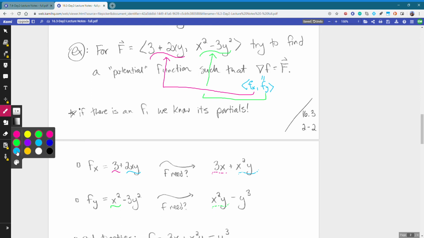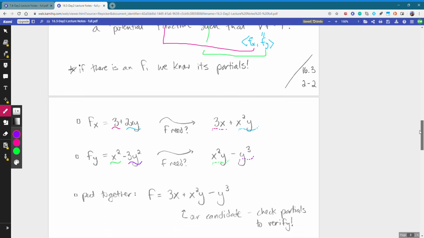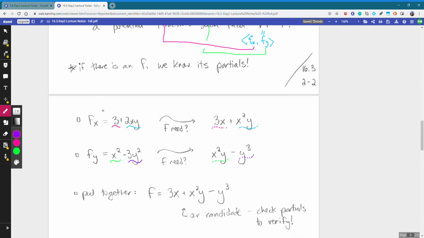And then our last term over here, the 3y squared, integrating with respect to y, we would need a y cubed. And so through this information that our two partials would give us, we can piece together our function.